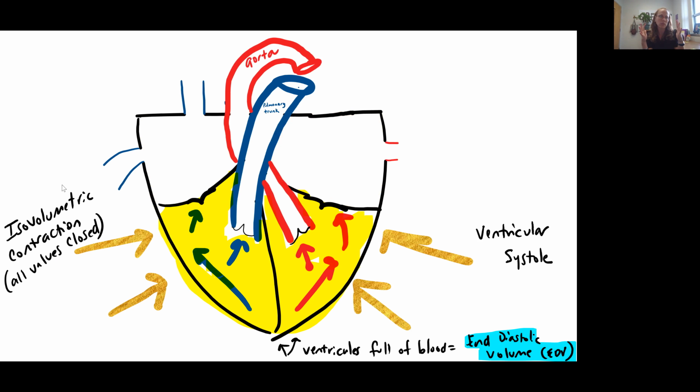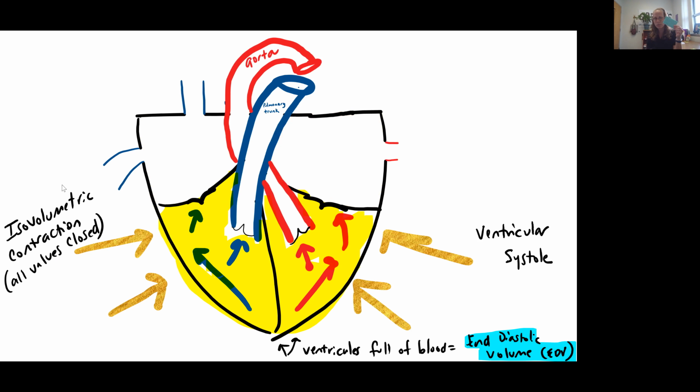All those valves close up, and the amount of blood that's there during the isovolumetric contraction is our end diastolic volume, because the ventricles are no longer relaxed. They are now contracting. This is the amount of blood that we have to start with.